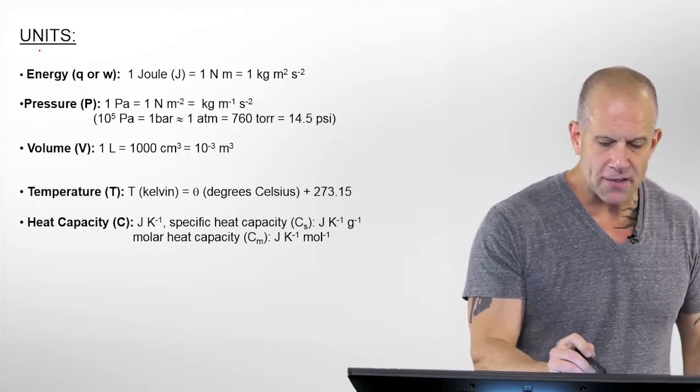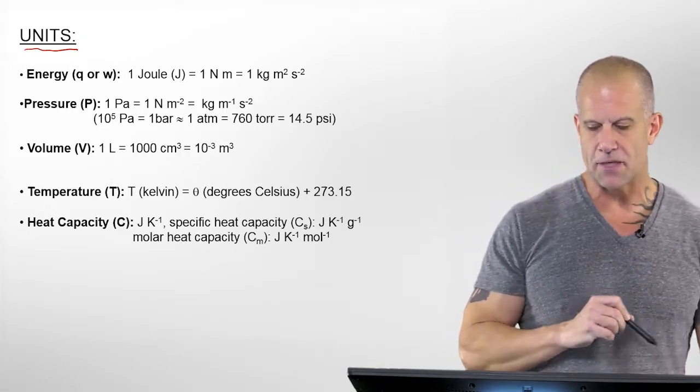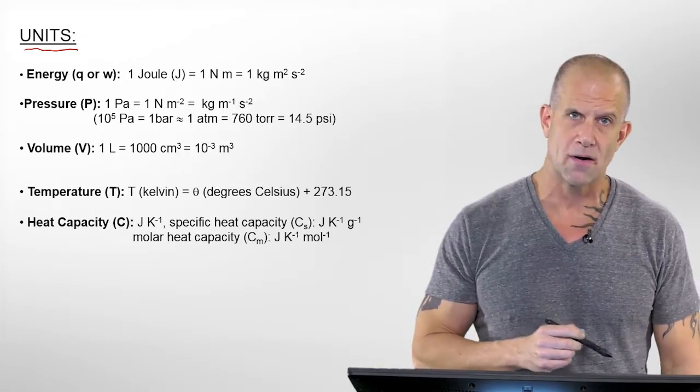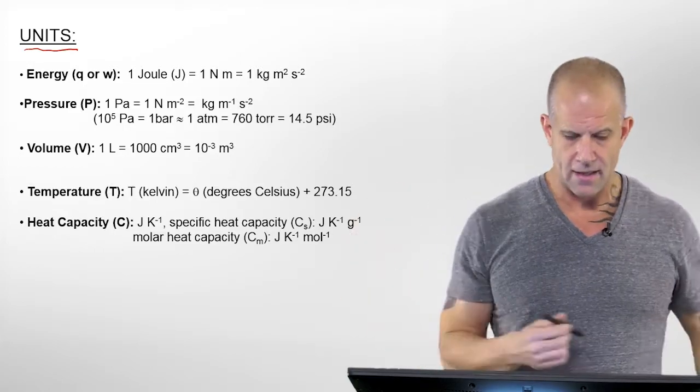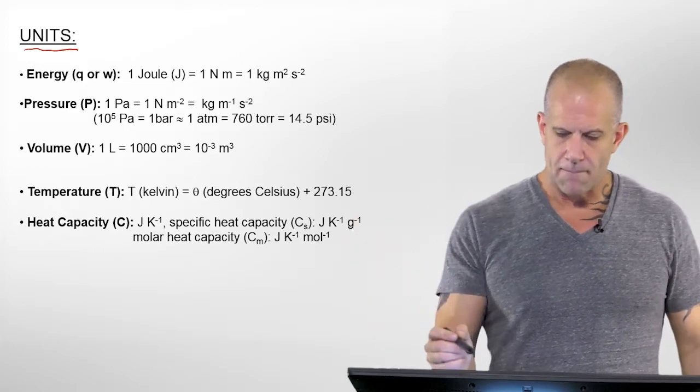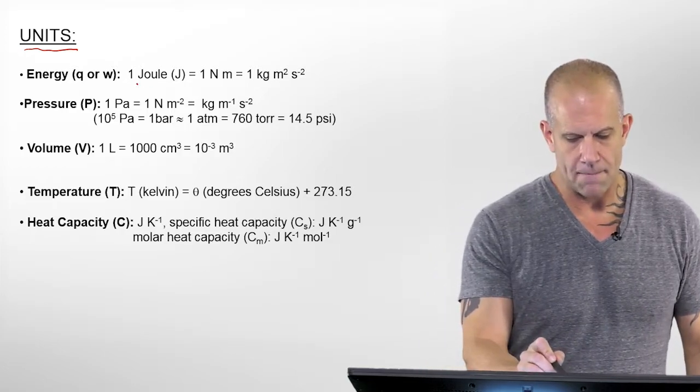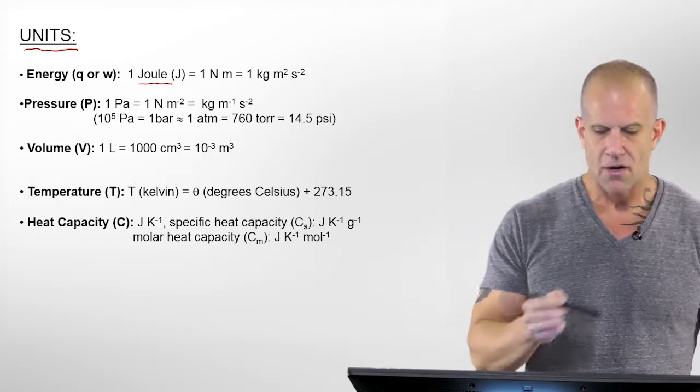And I mention this even though this is obviously something you've covered numerous times before in introductory physics and chemistry, and in almost every course, you've already looked at the units for energy, pressure.